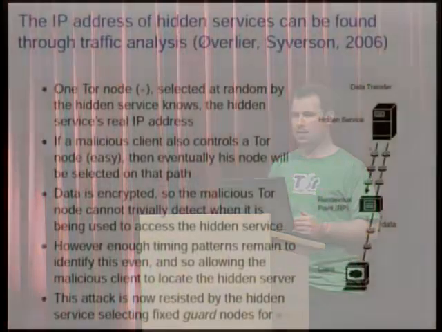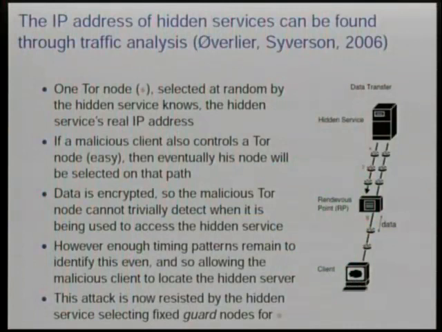The client, who's also working for the attacker, sends one packet, and then sees how many packets go through the attacker's Tor node. If it's 0 and the actual packet gets to the hidden service, the attacker knows that it's not the one. And it just repeats this until it starts seeing the same pattern at the client that it does at the evil Tor node.